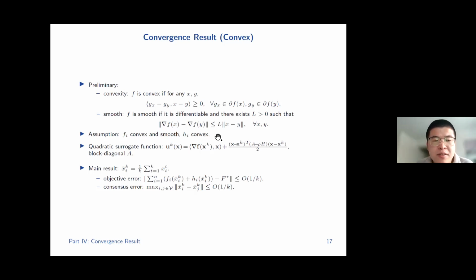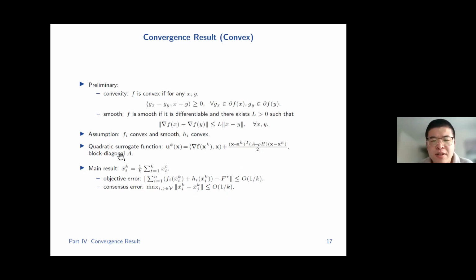Under this assumption, we use this design of the surrogate function u^k, where in the definition, the matrix A is required to be positive semi-definite and block diagonal. Although this form is quite simple, it still generalizes many existing algorithms.